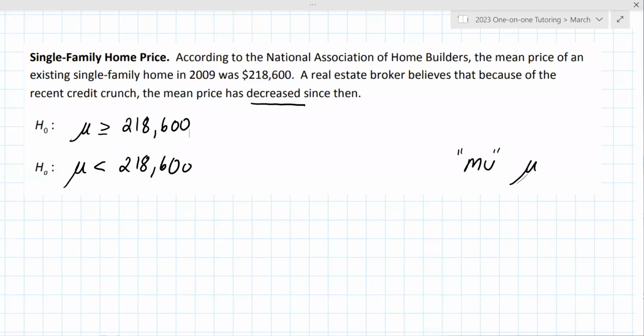Okay, so here's another one to take a look at.